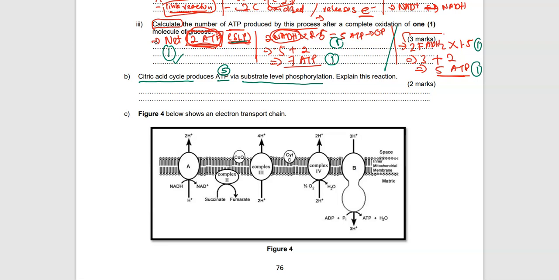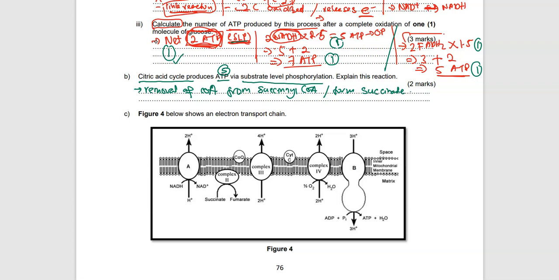During this stage, it involves removal of coenzyme A from succinyl-CoA, which forms succinate.